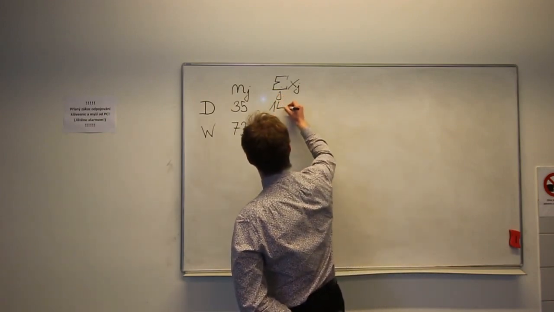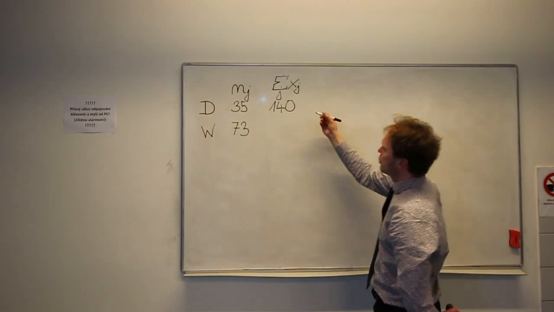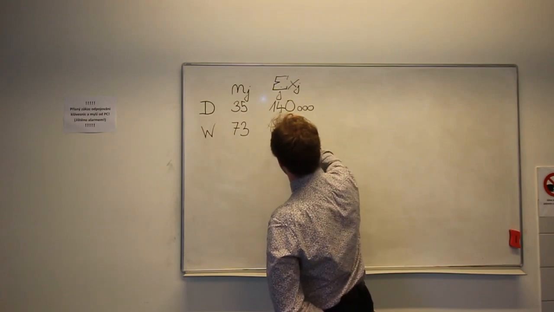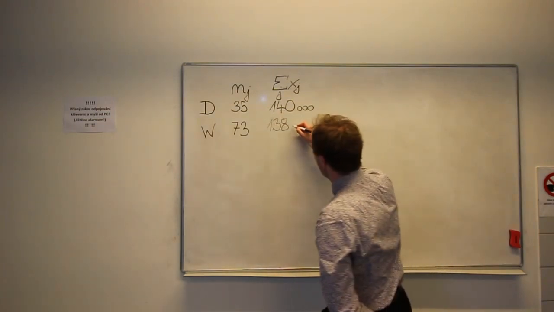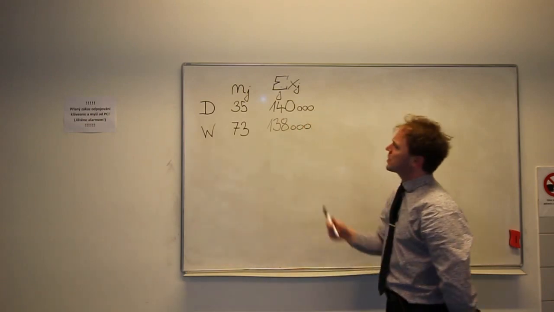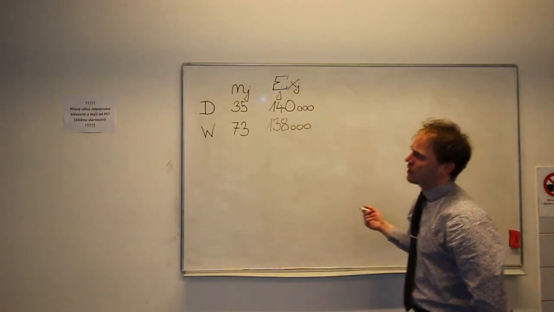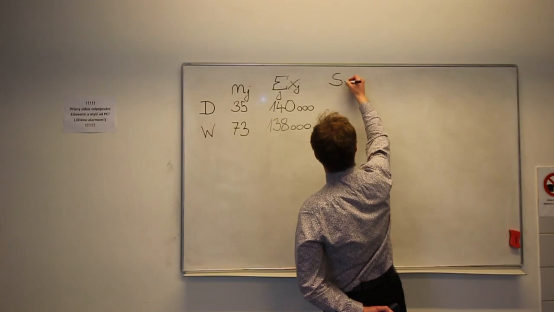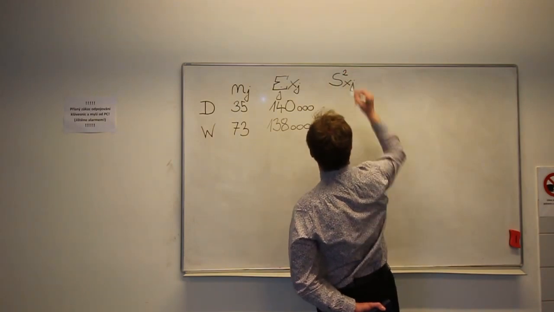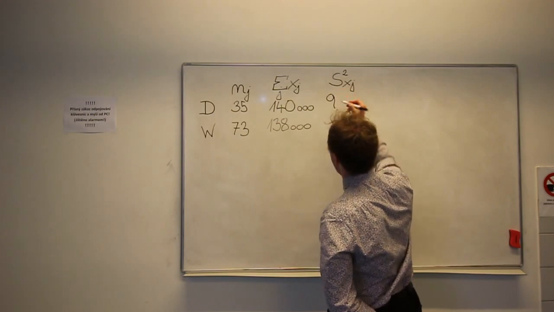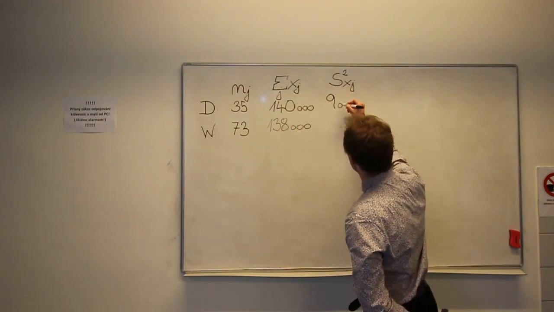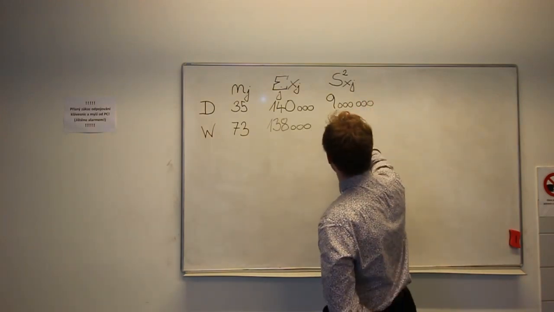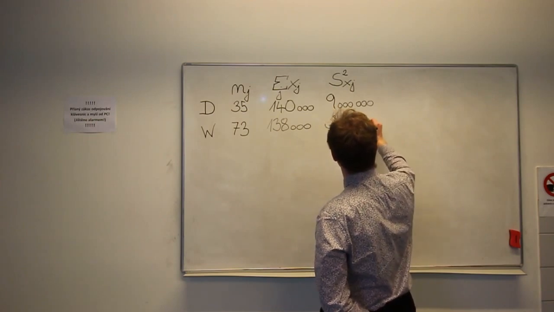So there is 140, and if you want you can use zeros, 0, 0, 0, and there we have 138. This is in thousands. And finally, we have here written the variance s xj squared, and there is 9 millions, 0, 0, 0, 0, 0, 0, and 3, 0, 0, 0, 0, 0, 0.